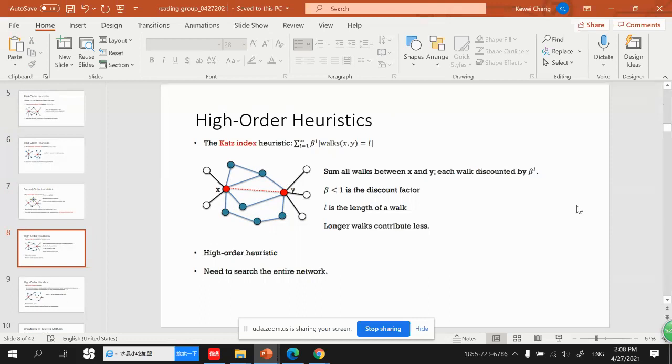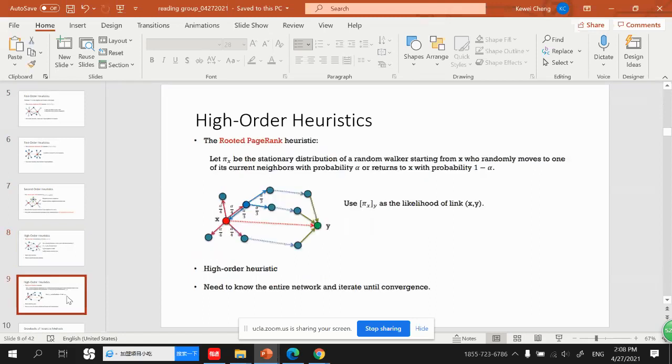So beta is a discount factor, and L is the length of a walk. The basic idea of the Katz index is to count all the walks between x and y, while making the longer walks contribute less.